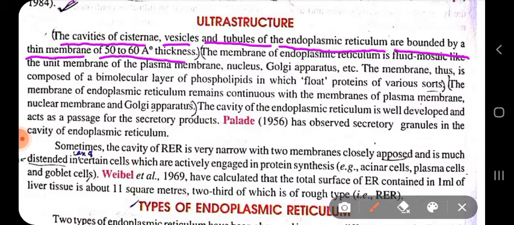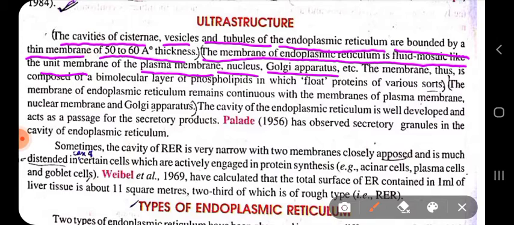Okay, and the whole membrane of the endoplasmic reticulum is a fluid mosaic like structure, just like the fluid mosaic structure that we found in the plasma membrane, in the nucleus, as well as in the Golgi apparatus. So the membrane of the endoplasmic reticulum, both inner and outer, is a fluid mosaic like structure, just like we see in the plasma membrane.